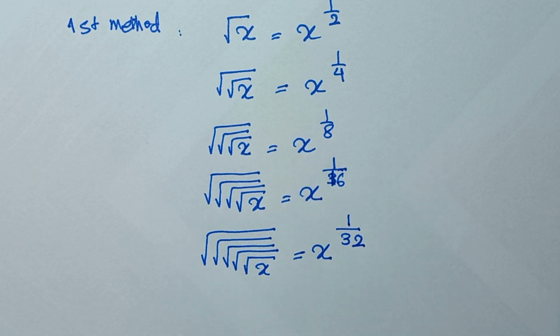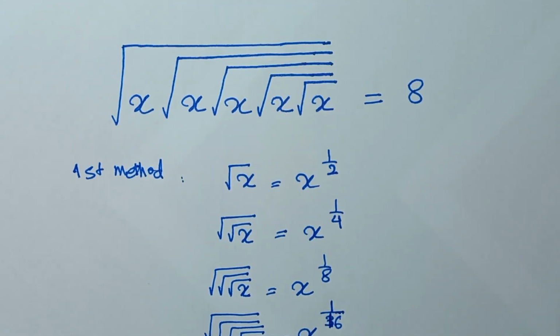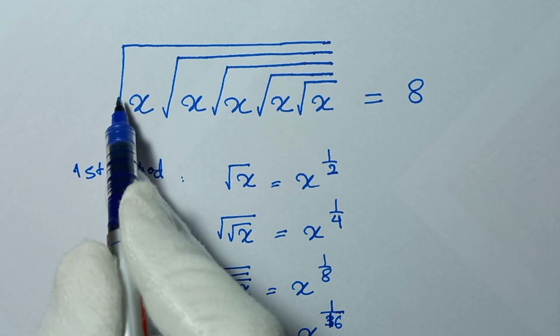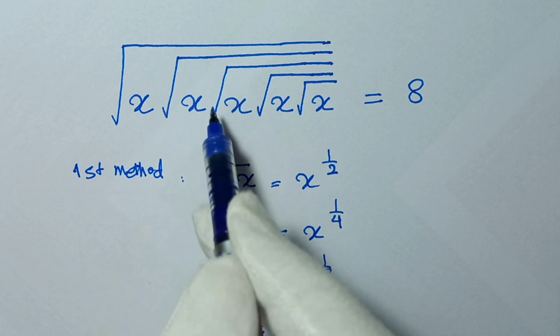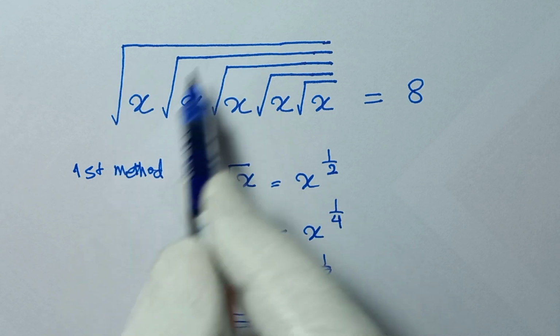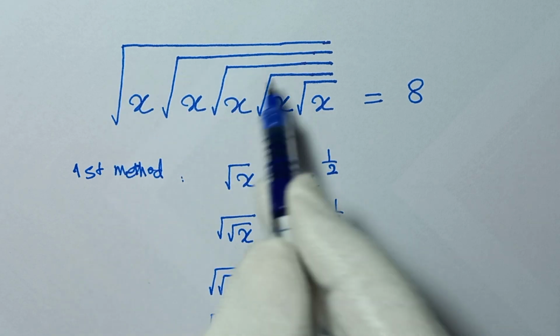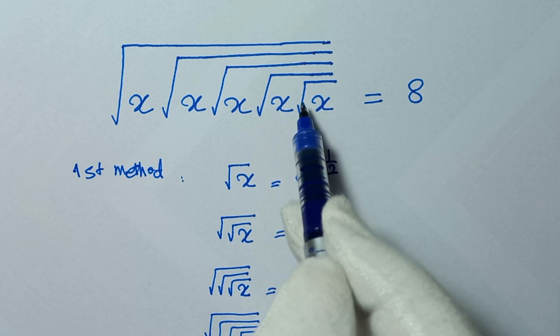So in here, we have a square root of x times a square root of x, and also a square root of x, and a square root of x, and also for this, we have 5 square roots, right?